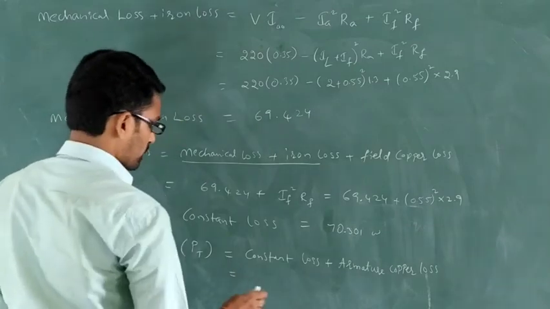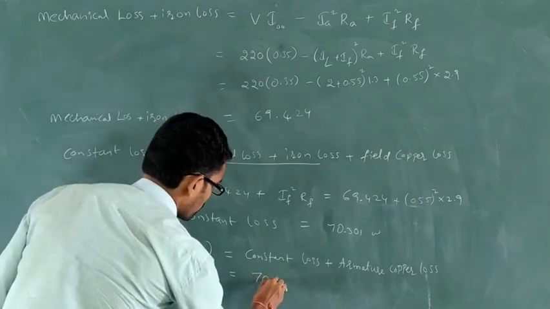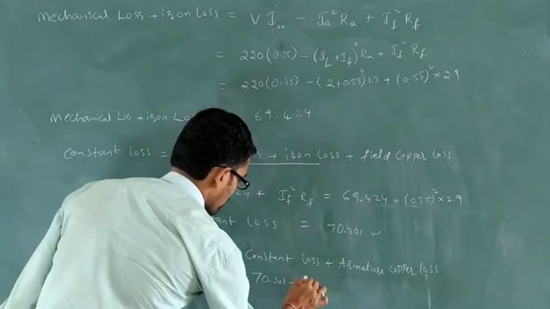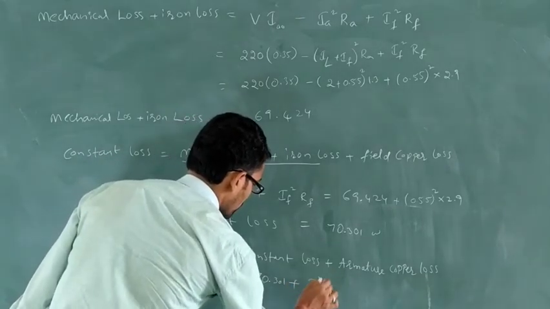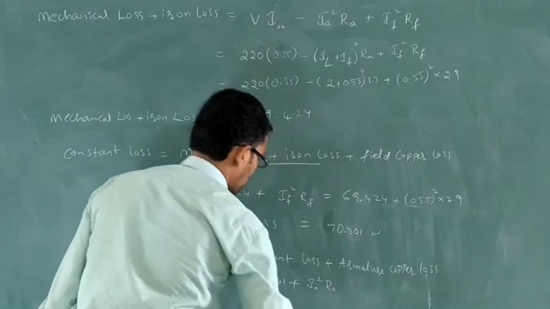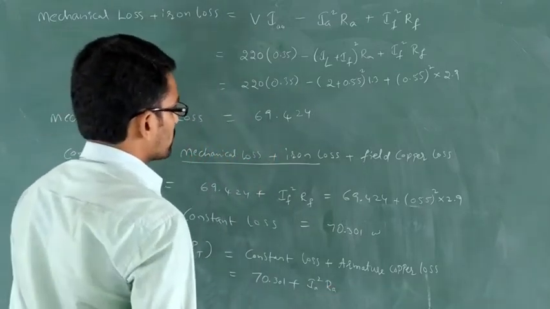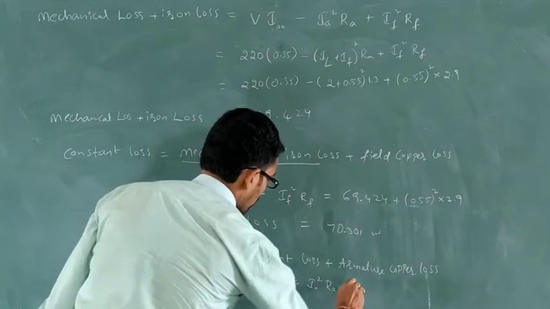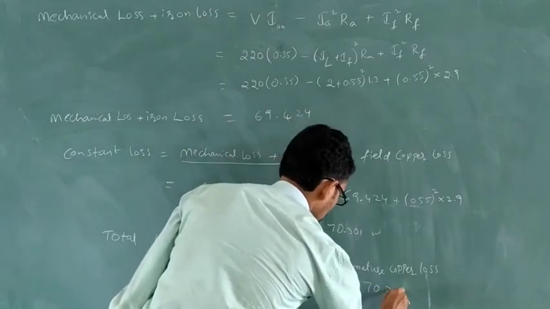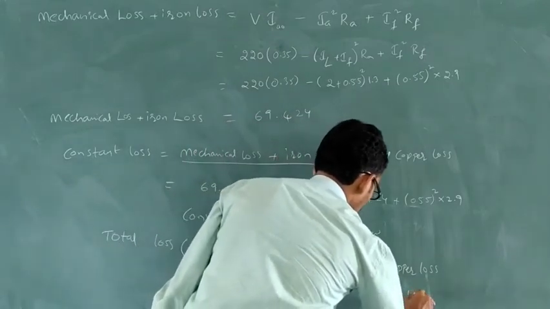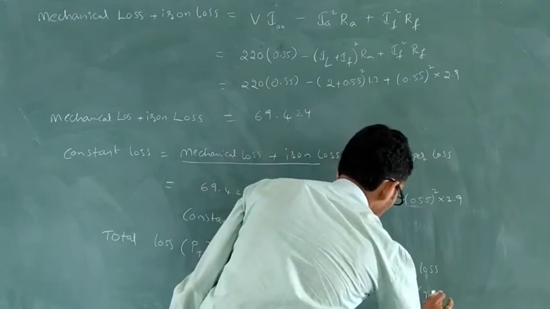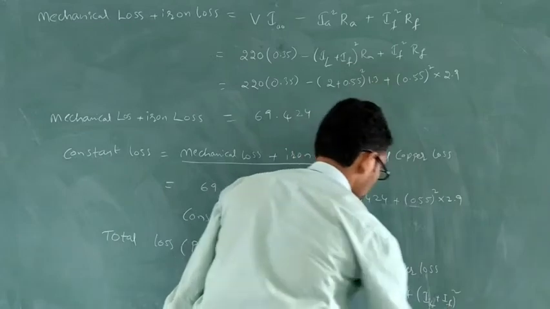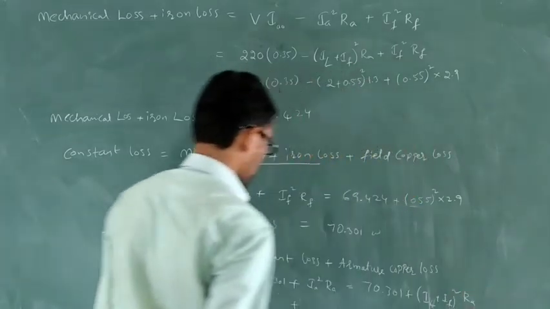Just substitute constant loss, that is 70.301, plus armature copper loss, which is nothing but Ia square Ra. So Ia square Ra is IL plus IF whole square into Ra.